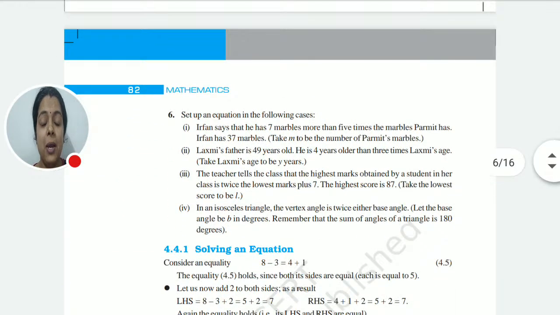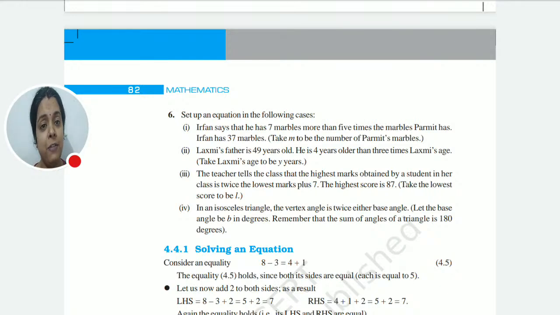What is it talking about? Again, the statement is given and you have to write it in the form of an equation. Why equation? Because only if you are able to form the equation can you solve it, right?